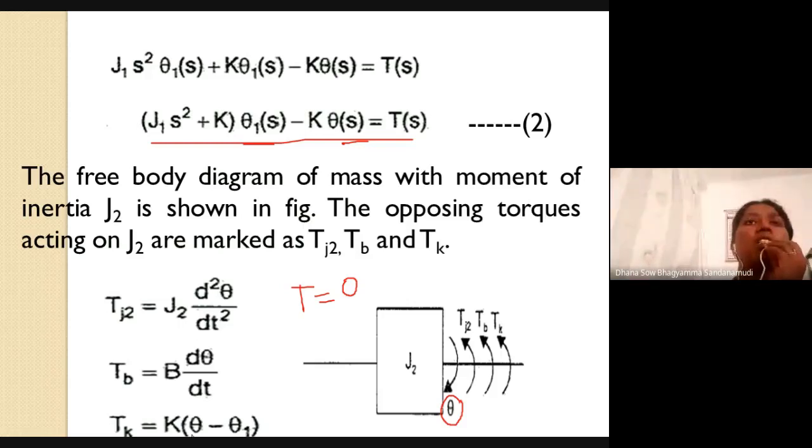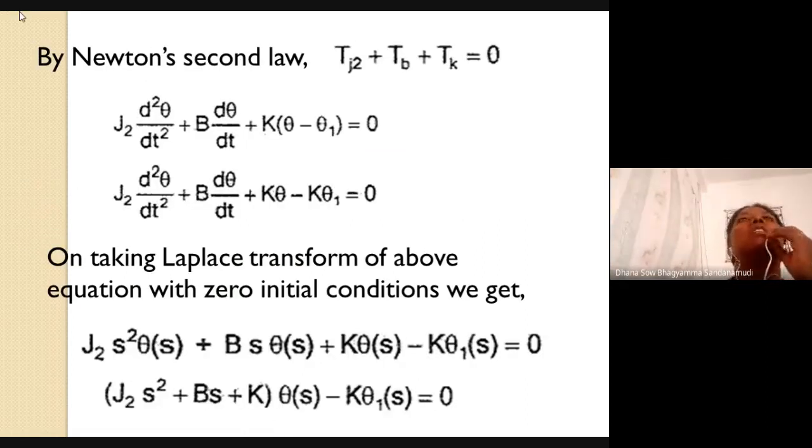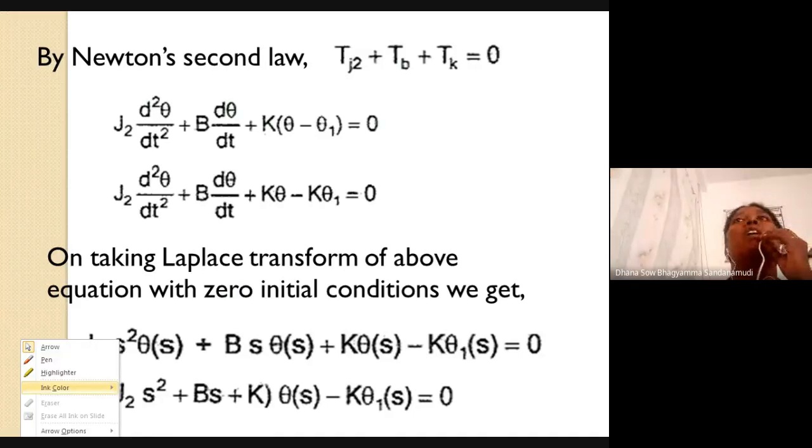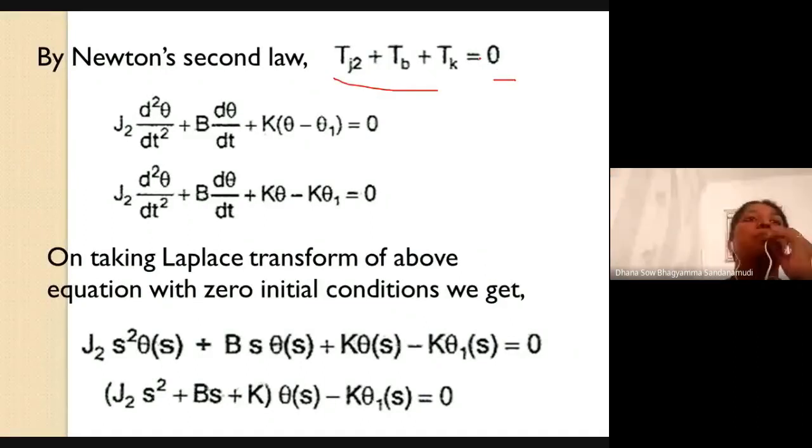Here in this case, it is theta minus theta 1. Why? Because you are considering node 2 with respect to node 1. So according to Newton's second law, opposing torques will be equal to the applied torque. Applied torque is 0 here. So these are the opposing torques.